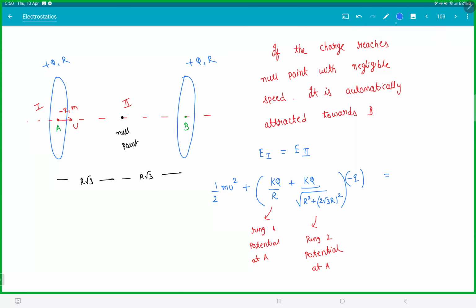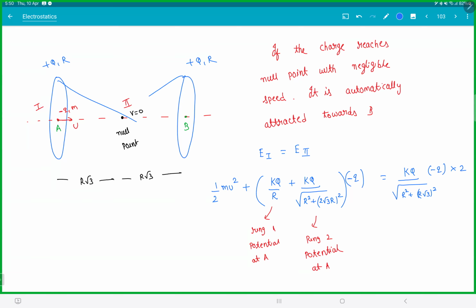This is equal to, you reach the null point with a negligible velocity. So you can say V is almost 0. So kinetic energy will be 0 plus. Now what is the potential energy here? K Q by, now that distance, root over r square plus r root 3 square into minus q into 2 times, because there are two rings.